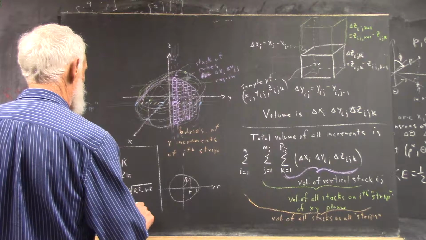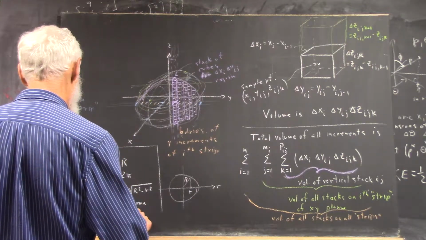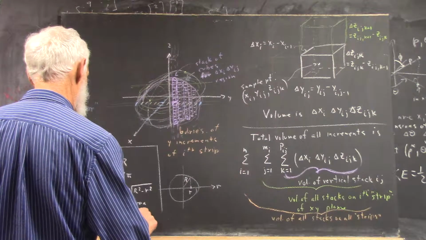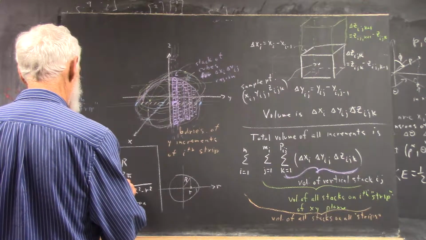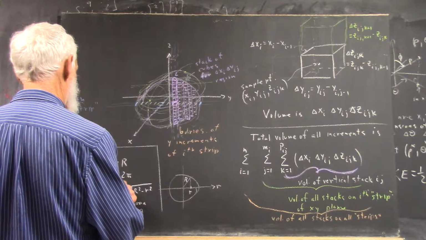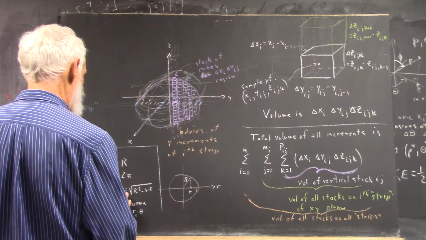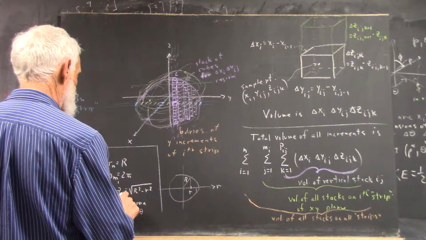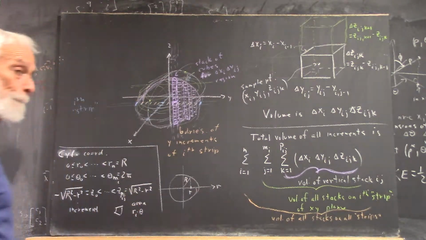Remember that the area of this is... I've used ends here because that's the way I'm used to writing it, but this is Z, P, I, J, just like before, right?